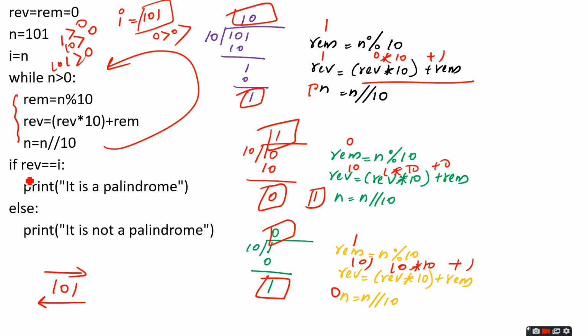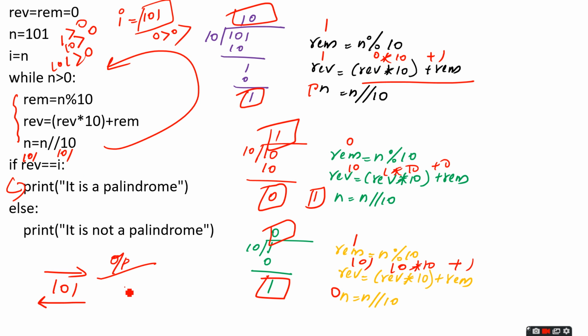Here we have given an if condition. That is, if the value of reverse, see here 101, and the I, that is also 101. If both the values are equal, we have to print it is a palindrome.